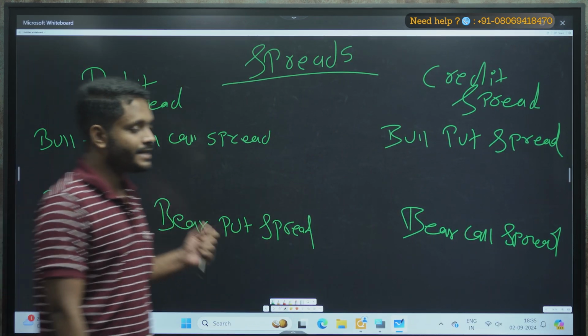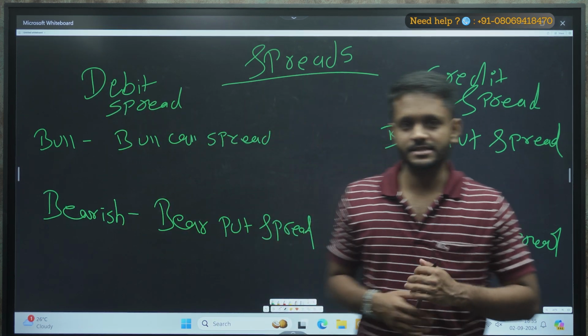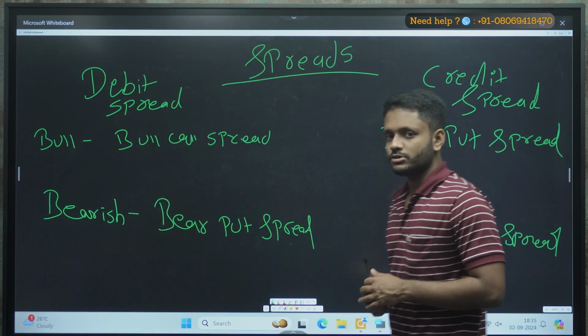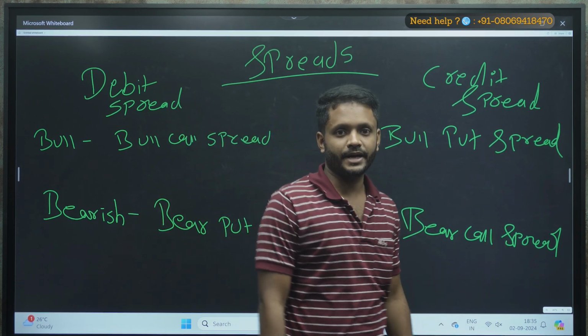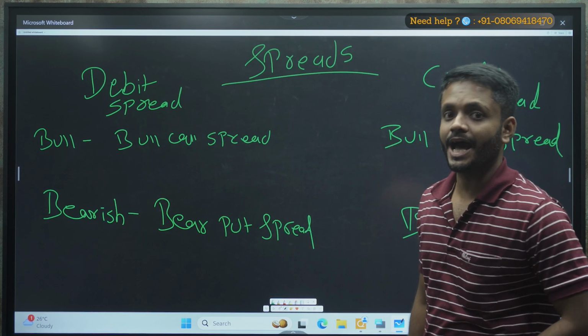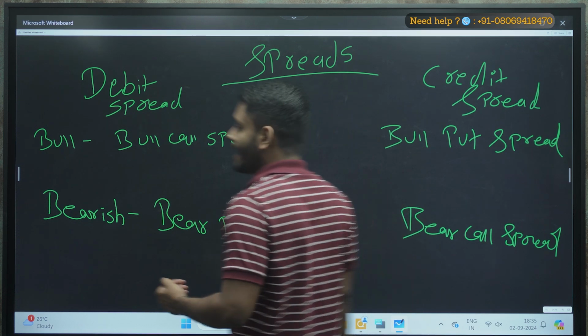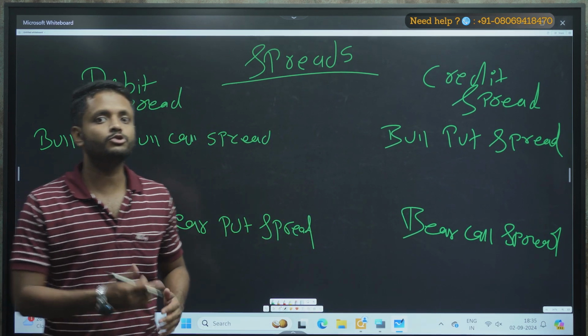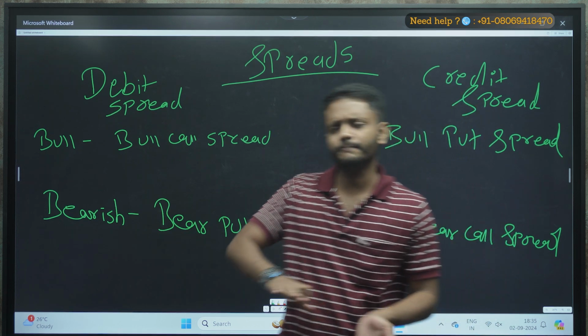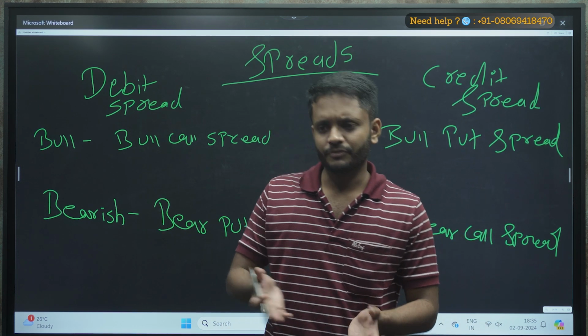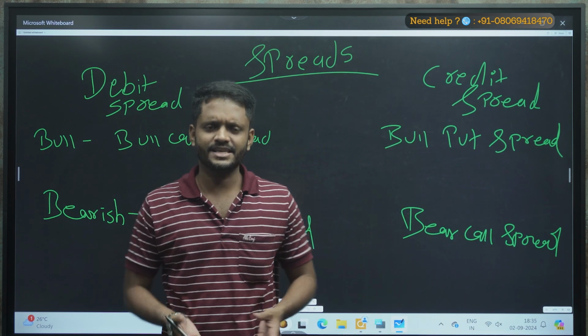So if the market stays sideways for a longer period of time, there is a possibility that you won't make enough money. But when it comes to credit spreads, we buy ATM and we sell ITM. So in that case, there is a possibility that you will end up making more money as compared to debit spread.